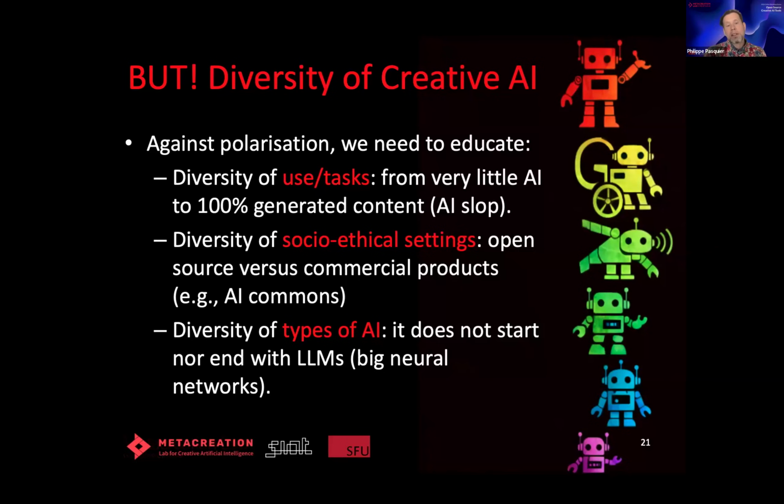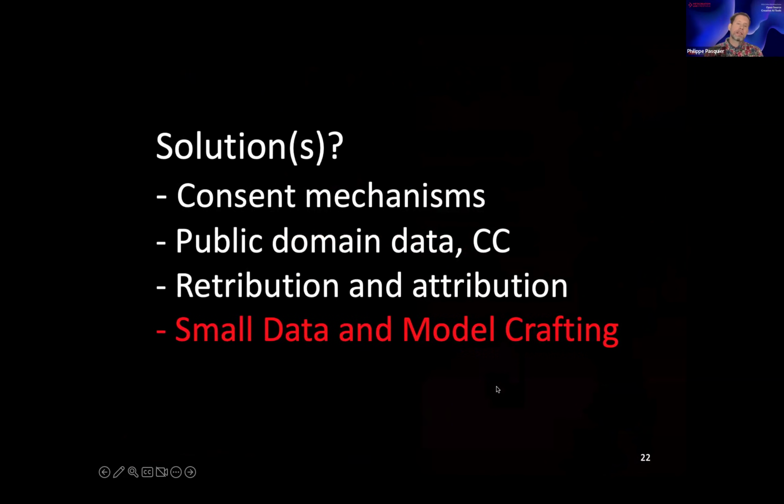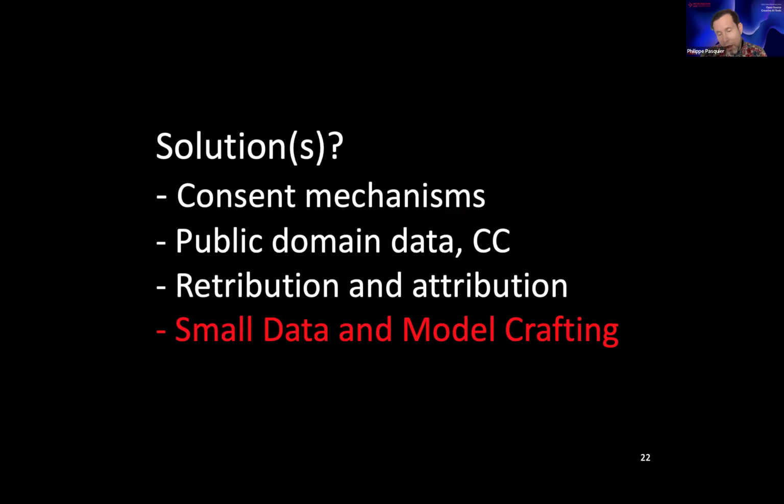And then there's a diversity of types of AI, where it doesn't start nor end with big neural networks that require large data centers and have to suck all of the data out there. And so to these types of problems, there are solutions, including solutions where we still stick with a big data approach.